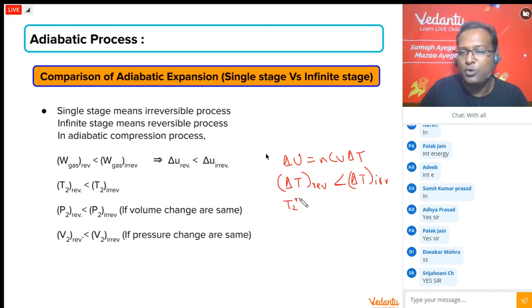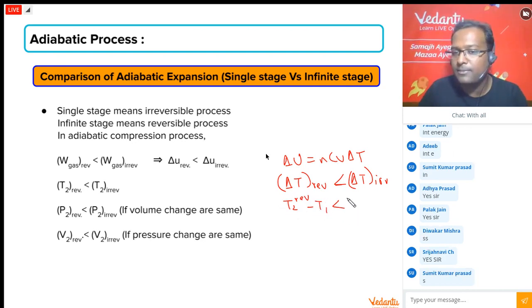So T2 reversible minus T1, we should write it like this for delta T. The final temperature will be more than the initial because it is heating. And this minus T1 gets cancelled. So you will get this.